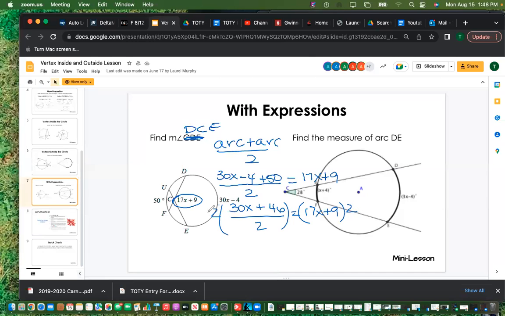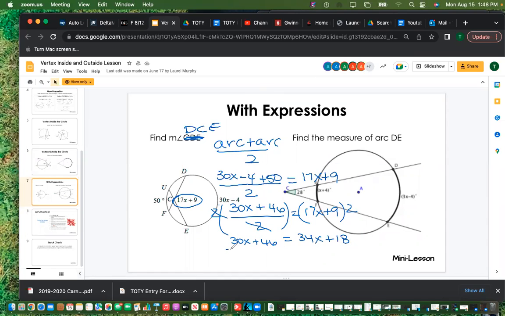When we do that, we're left with 30x plus 46 equals, what's 17 times 2? 34x plus 18. And then we want our numbers on one side and x on the other.